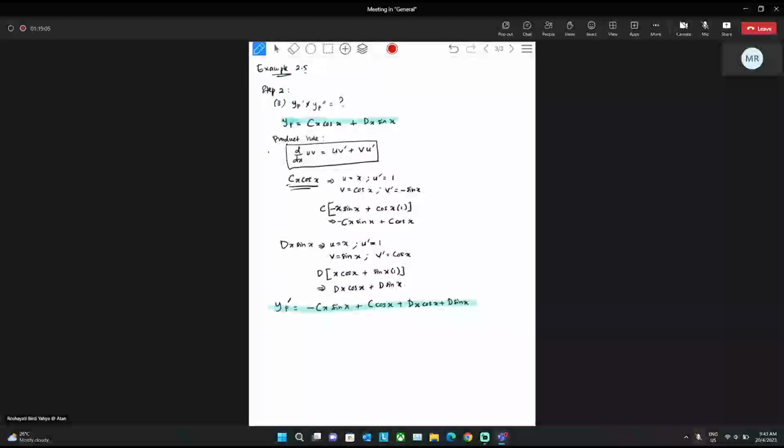So double prime. Okay, again. U equal to x, u prime equal to 1. V equal to sin x. V prime equal to cos. Okay, so negative C. You need to go one by one, eh?